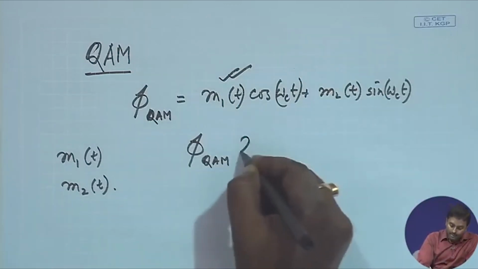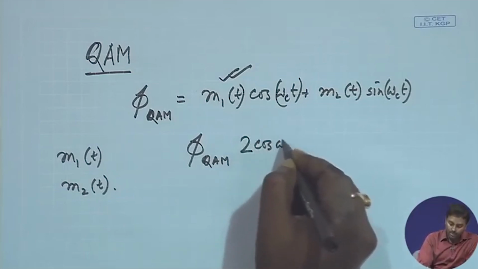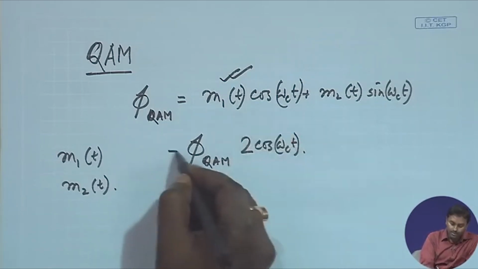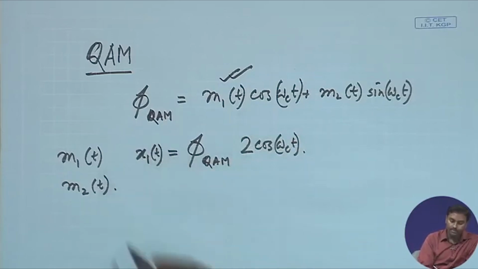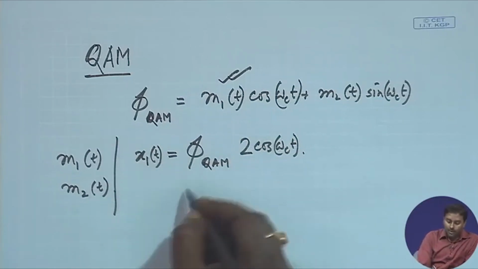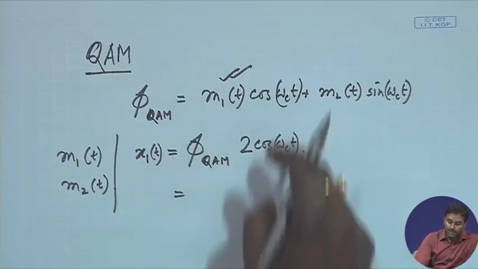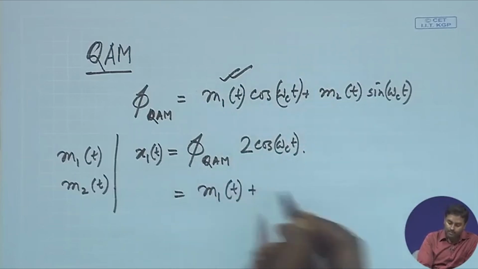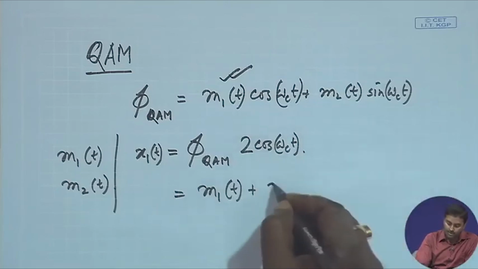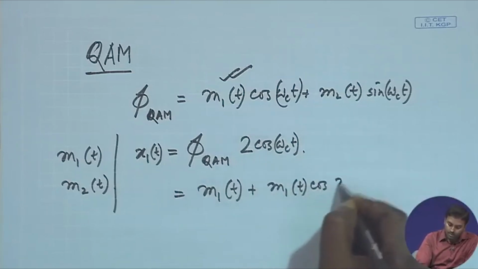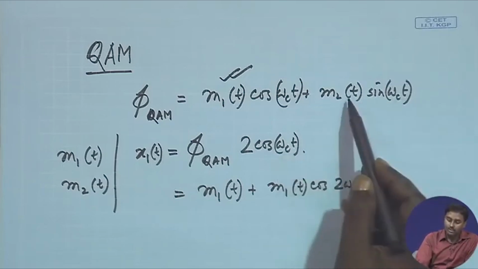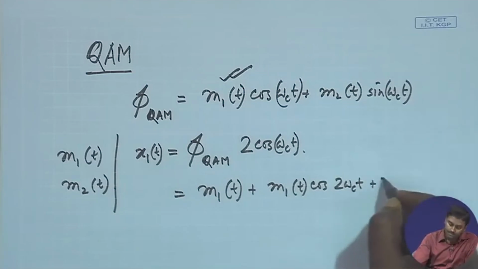I will now multiply this with 2 cos ωct. So, I am calling this x1(t). What do I get? Now, this will be multiplied by cos, so that should be cos squared. So, I will have m1(t) times 1 plus cos 2ωct, so m1(t) into cos 2ωct, and this will be 2 sin ωct cos ωct, so that should be m2(t) sin 2ωct.